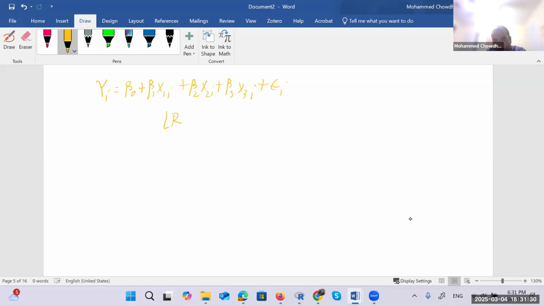This is called the full model, and this is called the reduced model: beta 0, beta 1 x1i, beta 2 x2i, and epsilon_i. Full model and reduced model. We are using logistic regression.